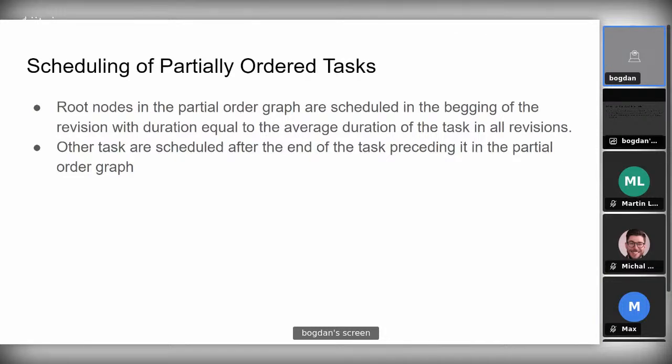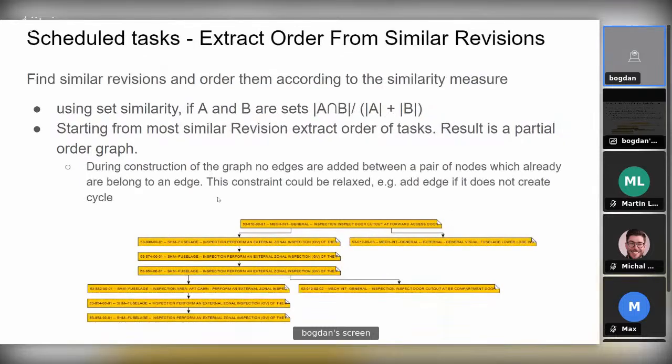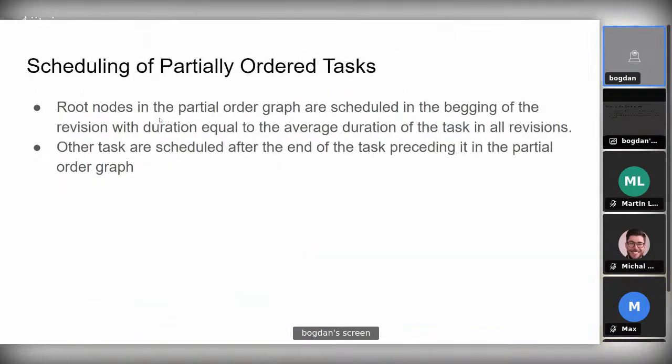The work package has some start time at which it needs to execute, and we schedule this task there. Each subsequent task, meaning the tasks that follow the root task, is scheduled after the end of this task. The duration of each task is the average duration of the task's execution. So this is how we schedule this.